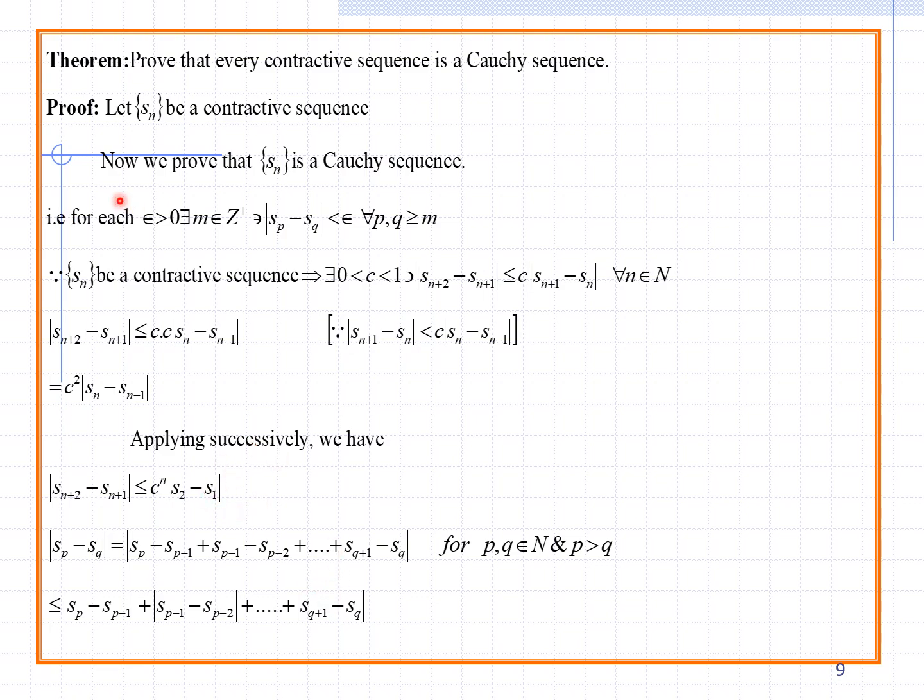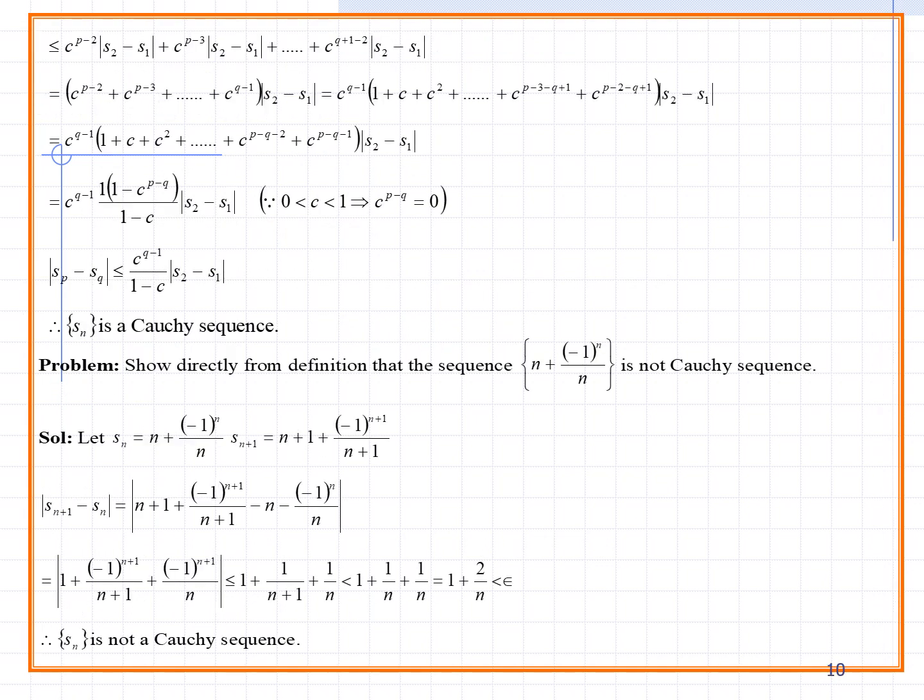You can separate the modulus on each and every term. After that, it can be written as less than or equal to c power p minus 2 modulus S2 minus S1, combining the constant like terms, plus c power p minus 3 modulus S2 minus S1, plus so on, plus c power q minus 1 modulus S2 minus S1.